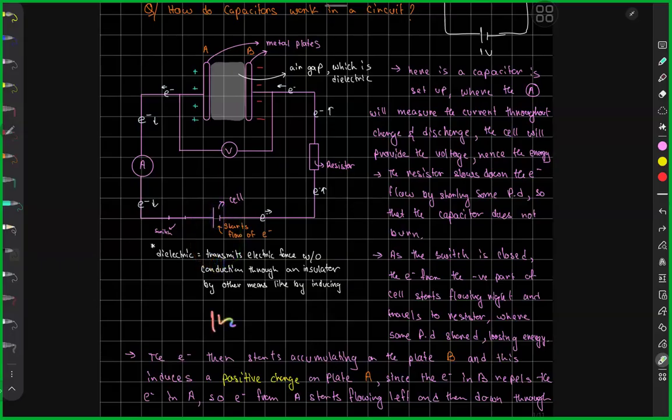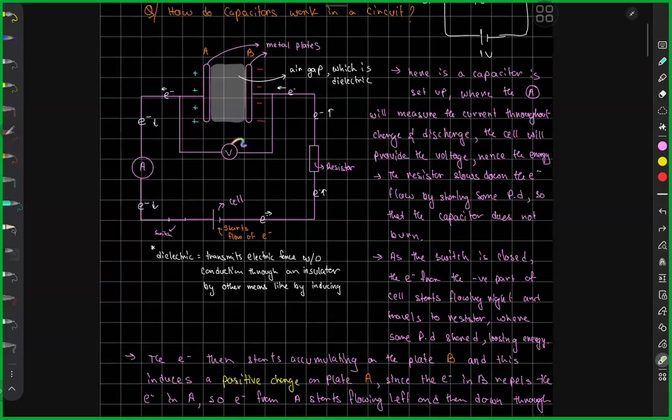So if you have a cell with a 12 volt power supply, and you have a voltmeter across this, what does this voltmeter measure? 12 volts. Very simple. So the same thing happens when it is put across a capacitor. Why would it take up the same voltage as the cell? We're going to discuss that.